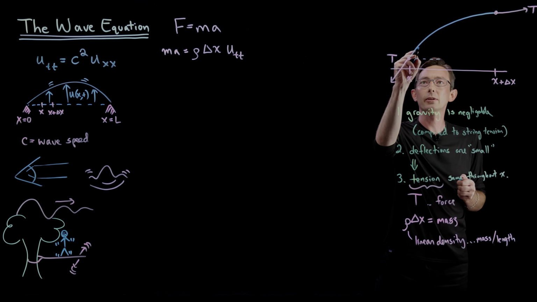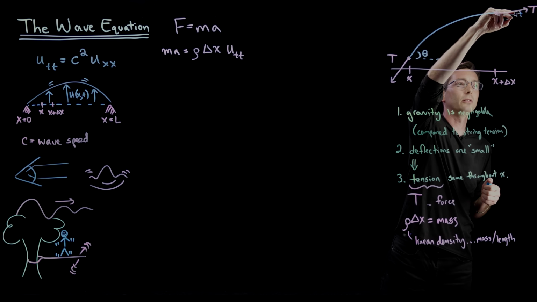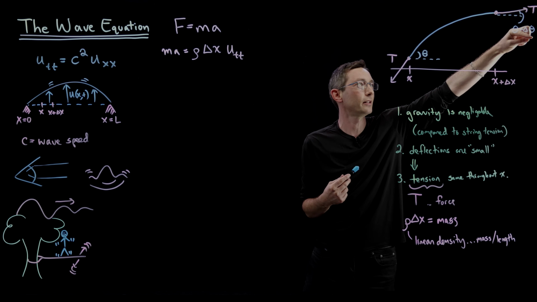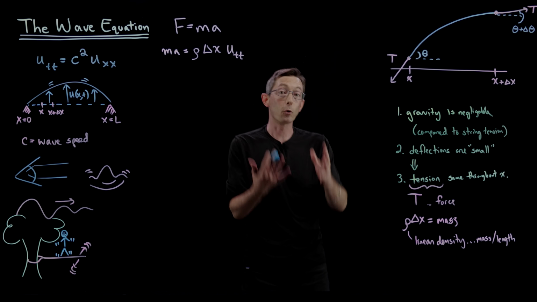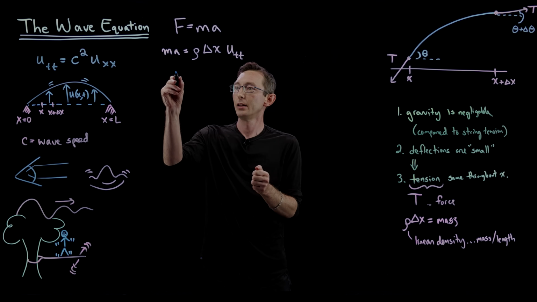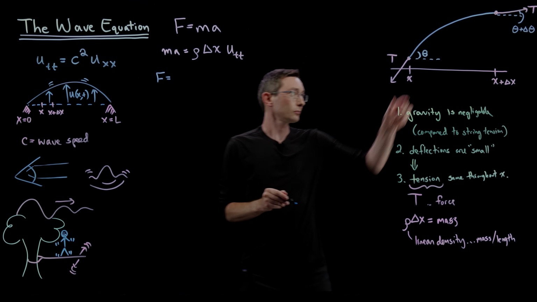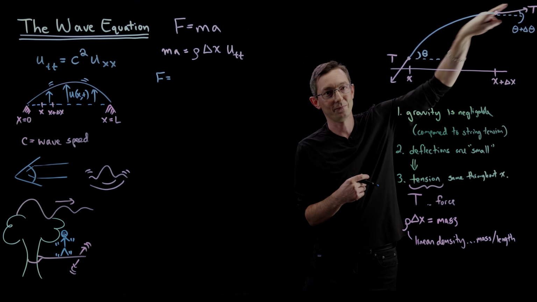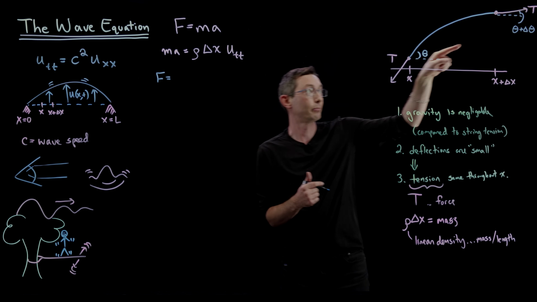So what we're going to do is we're going to call this angle here theta, and we're going to call this angle, let's see if I have enough room here, theta plus delta theta. We're just going to define this angle here as theta plus delta theta, this angle is theta. And we're going to say that the force in the y direction, the force I care about, is F equals, and I'm going to define it so that this one is pulling in the positive direction, this one's pulling in the negative direction, so minus T here, plus T here.